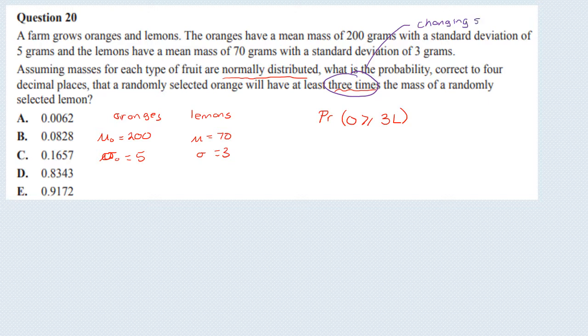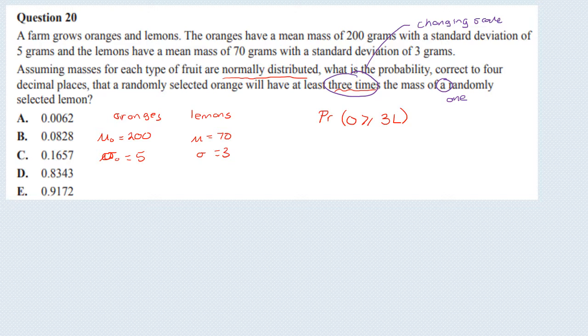We're taking our mass of 1 lemon and multiplying by 3. So we're only looking at 1 lemon. It's different to the previous question where we had 9 different apples. This time we've got 1 lemon and we're multiplying its mass by 3. So we're changing the scale.